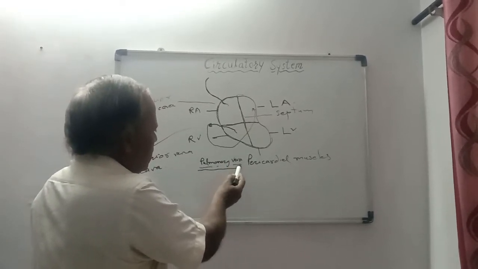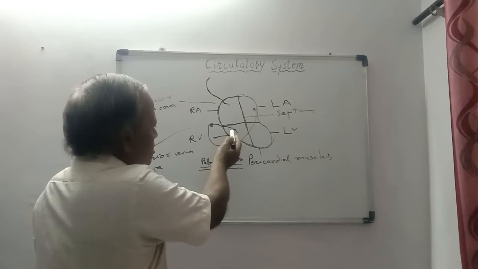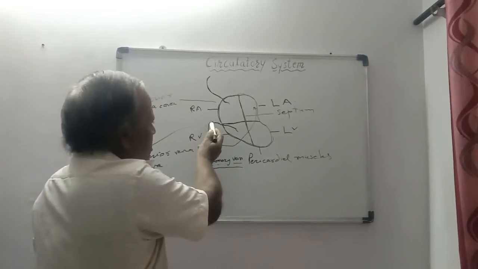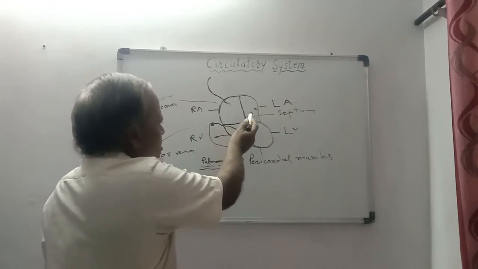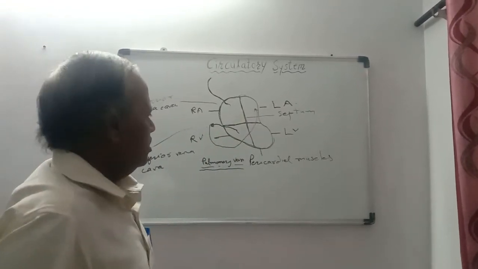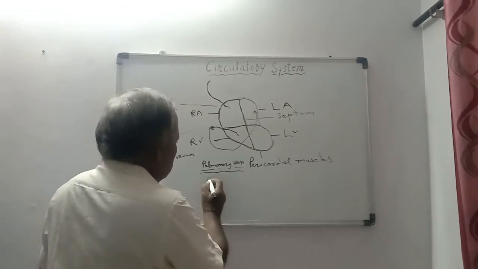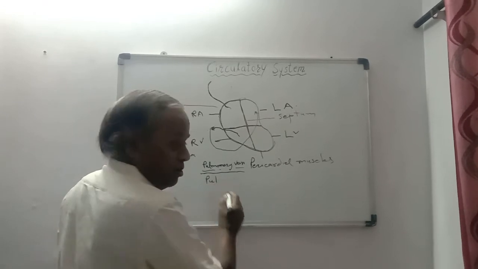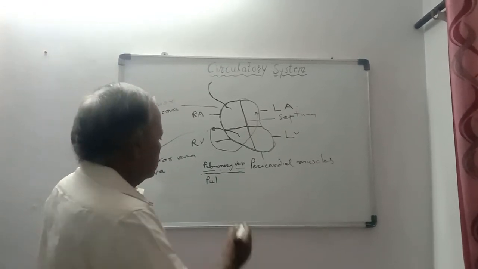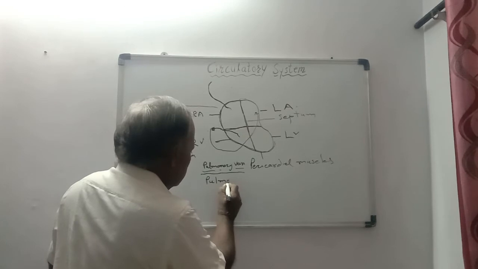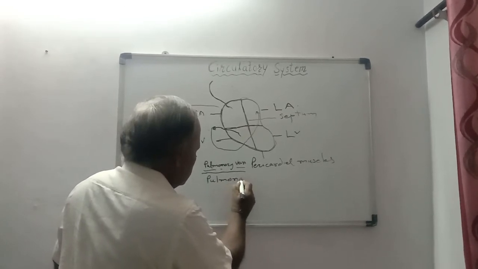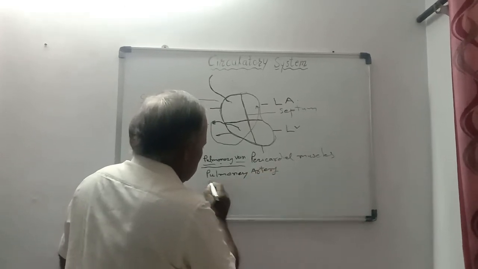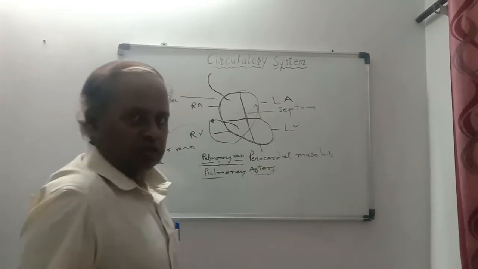The pulmonary vein brings blood from the lungs after oxygenation to the left atrium. The job of the pulmonary artery here is to take the deoxygenated blood from the heart to the lungs. These two are the exception.